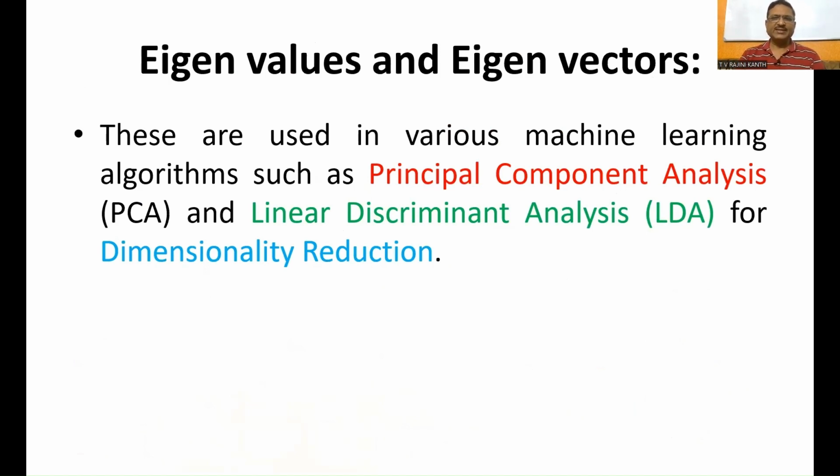Eigenvalues and eigenvectors are very, very important in machine learning algorithms for the dimensionality reduction aspect. There are two methods we use: principal component analysis, popularly known as PCA, and linear discriminant analysis, LDA.